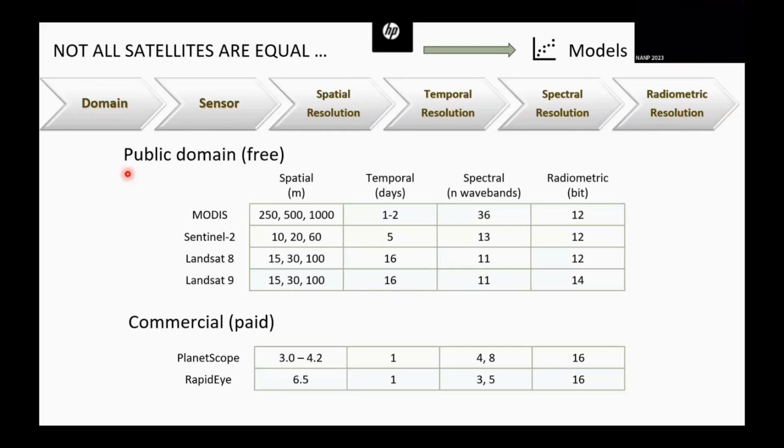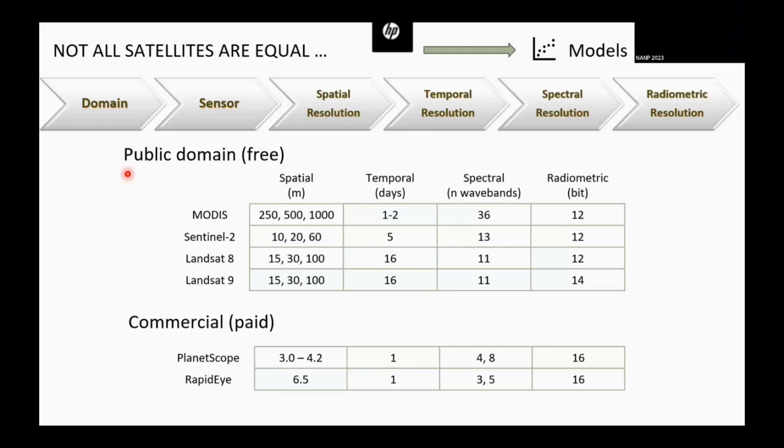The spectral resolution is the range and number of wavelengths that the satellite can capture, the reflectance. And the radiometric resolution is the bit depth, or how many levels of intensity one pixel can capture in an image.